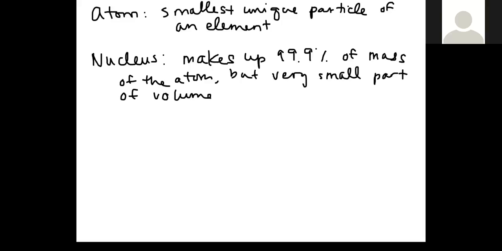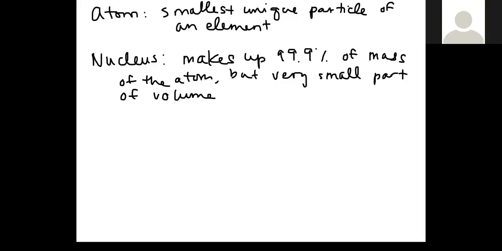For reference, imagine an atom is about the diameter of the racetrack at your high school, a quarter-mile racetrack. If that's the entire atom, the nucleus is a pea in the middle of that racetrack, a little green pea, okay? That is how small a nucleus in general is compared to the full volume of the atom. So atoms are actually a lot of empty space.